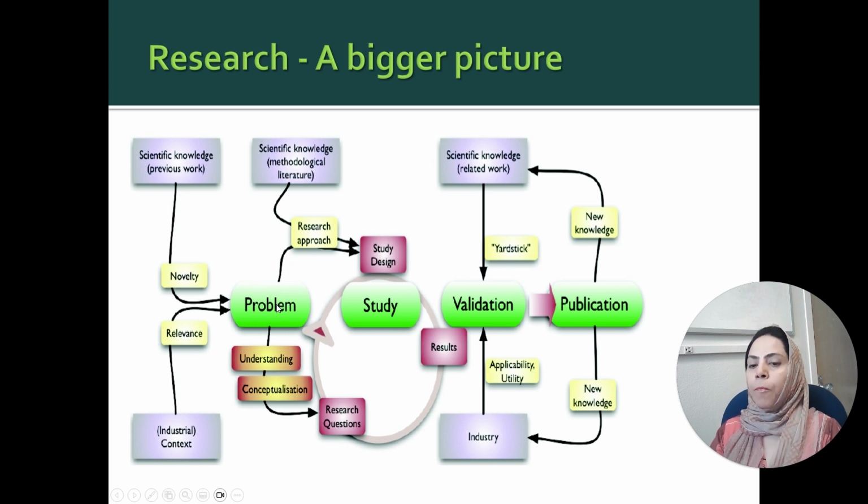It could be maybe you found out that one kind of algorithm, let's make it very simple, SVM, predicts well and gives good accuracy regarding a particular heart disease.